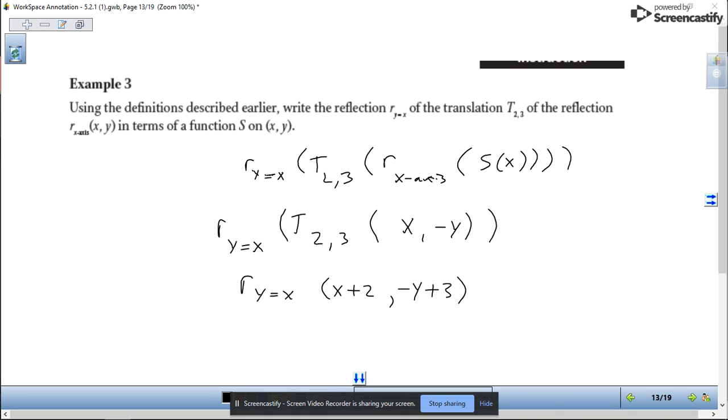So whatever's in the x position and whatever's in the y position, we swap them, which means we end up with (-y + 3, x + 2). That will be your final point after all three of those transformations. And that will be your final answer. All right, so we'll stop there.